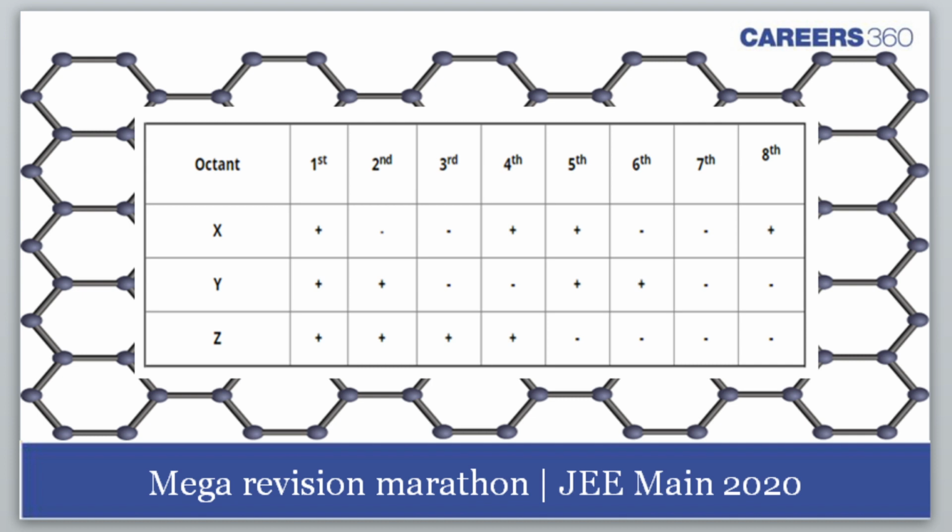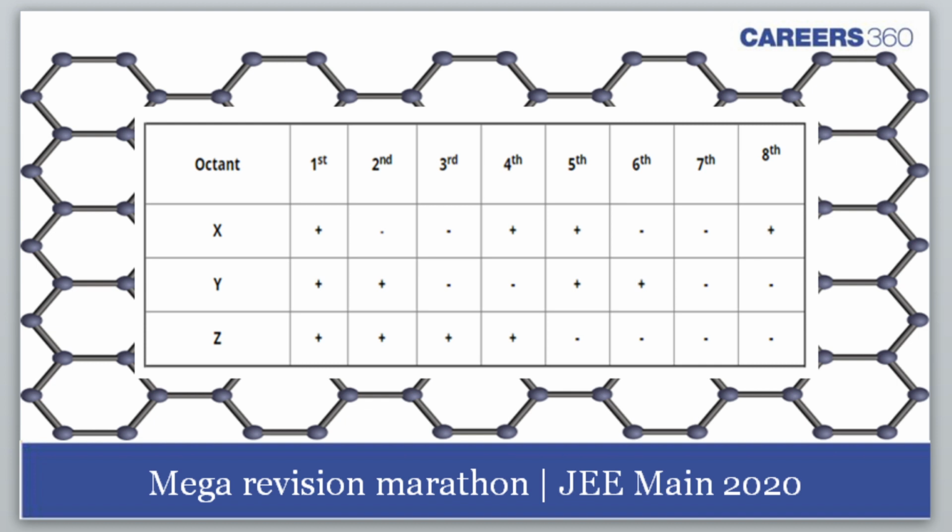So we'll not go into a lot of detail of this. There is no requirement of explaining the signs, but you have to understand that whenever we move on the positive x-axis it would be plus, negative x-axis negative.